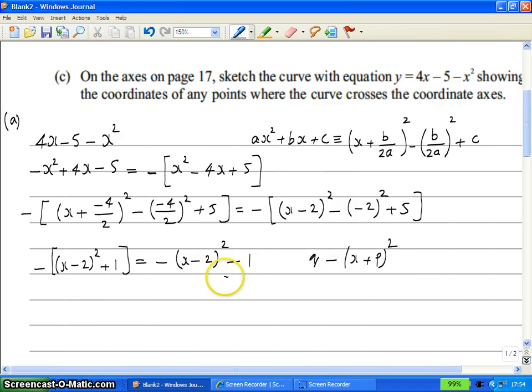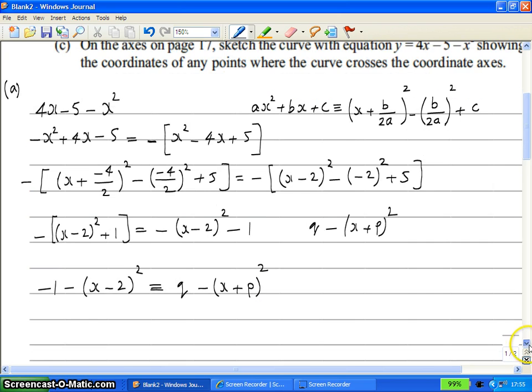So we rewrite our completing the square form by writing minus 1 minus x minus 2 all squared, and make it identical to the requested form.